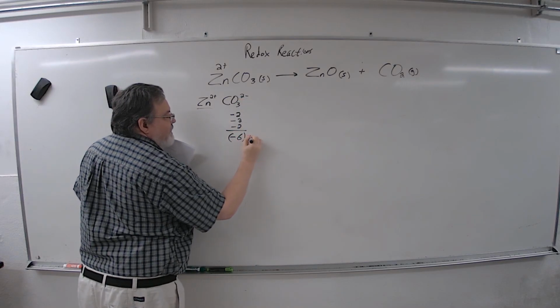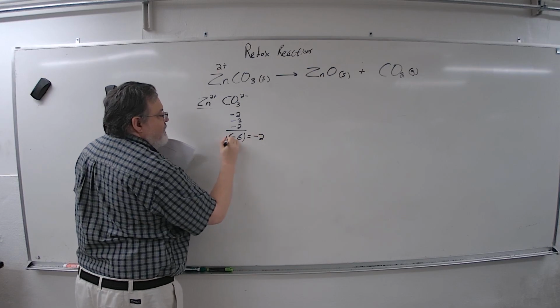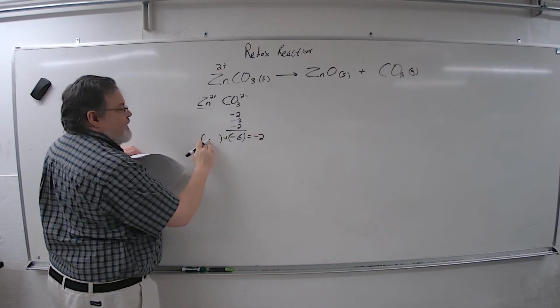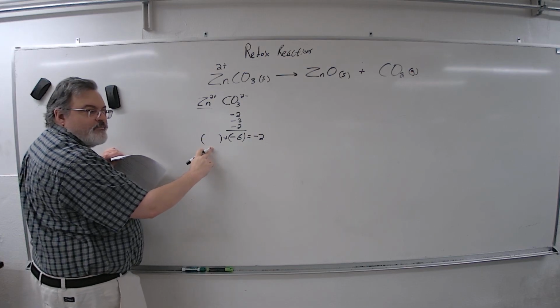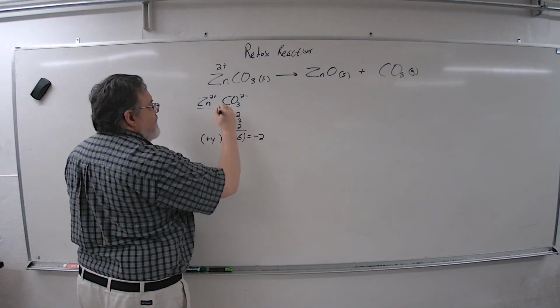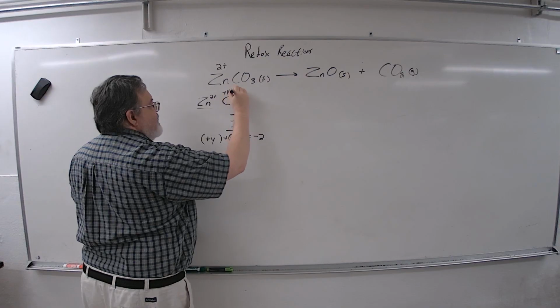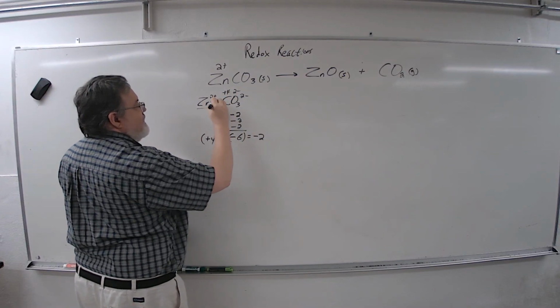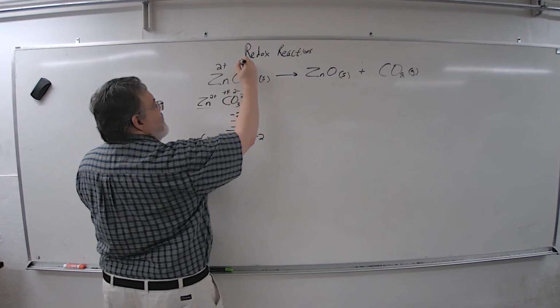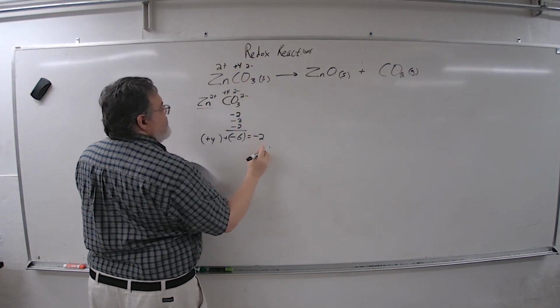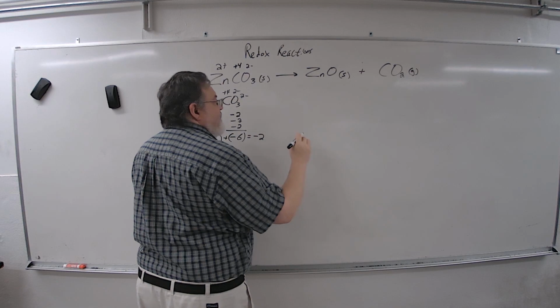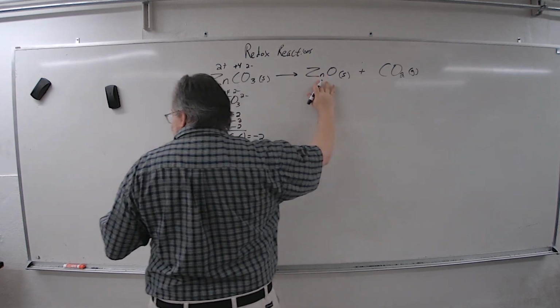Charge up here is -2. So what needs to go here? 4. So carbon is +4 and oxygen is 2-. So I've got those. I'll write up here +4, 2-. All right.